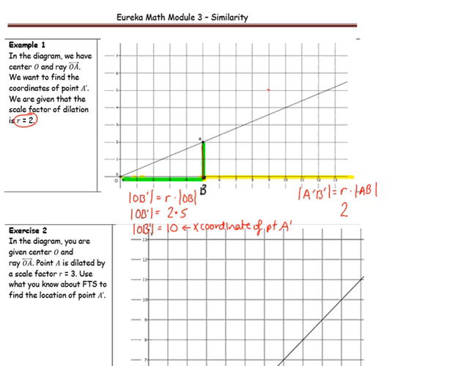AB is right here, and we know that that length is 2 because it's on the y-axis marked at 2. And we multiply that together, and that gives us the length of A prime B prime. This is the y-coordinate of point A prime.